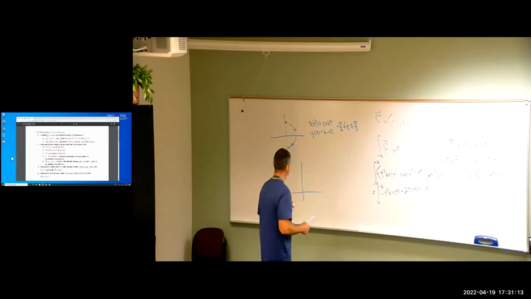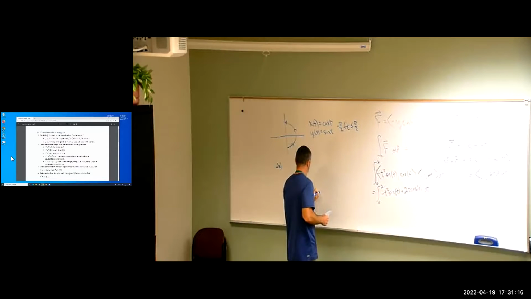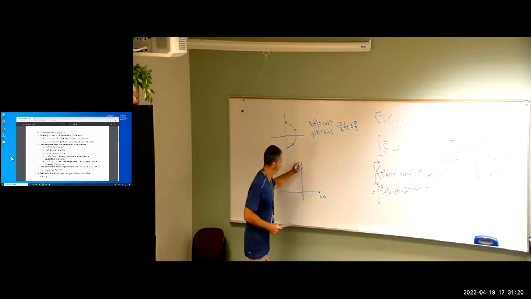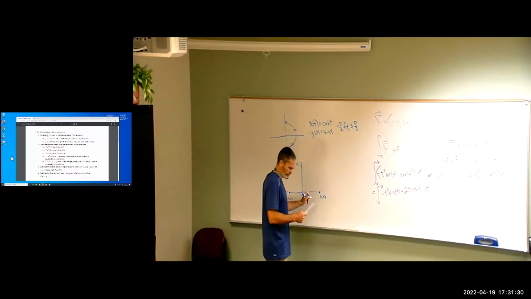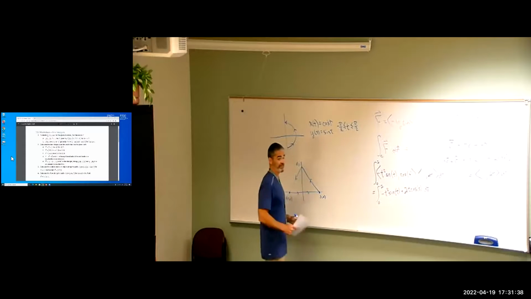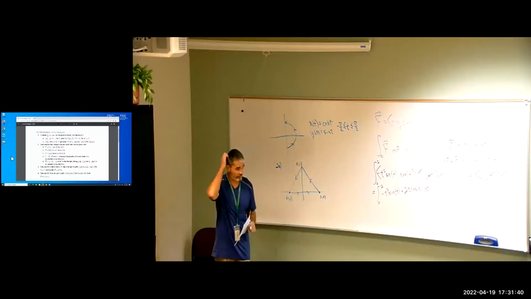So we're joining the points (1, 0), (0, 1), and (-1, 0). And we're also just going in a counterclockwise direction. So we're kind of going this way. Because this is going to be one we revisit as well next week with Green's theorem.